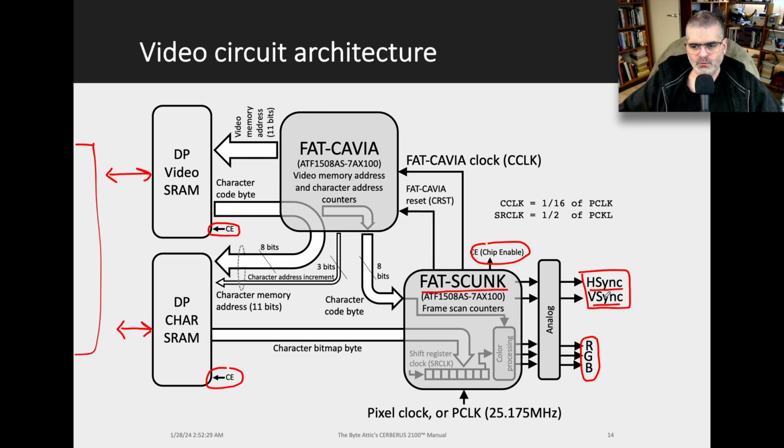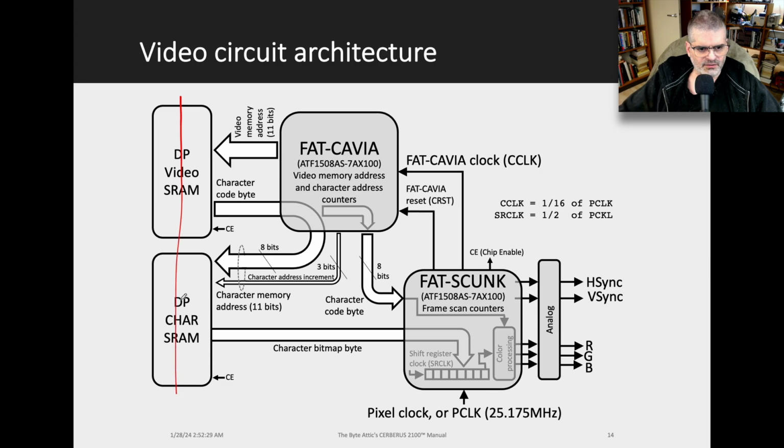Now, when we are in the blanking interval, it's good to disable the right side of the memories, because that avoids conflicts with the other side. When this side is disabled, the left side is still enabled, so the computer proper can access memory.